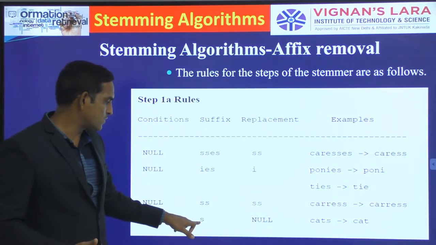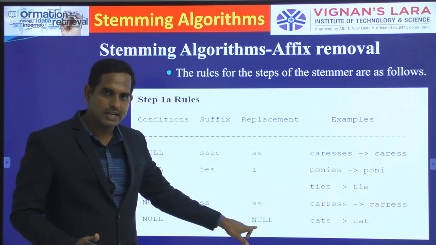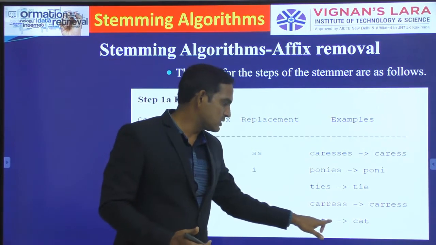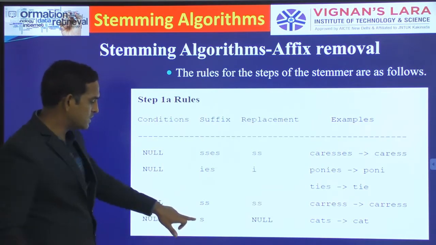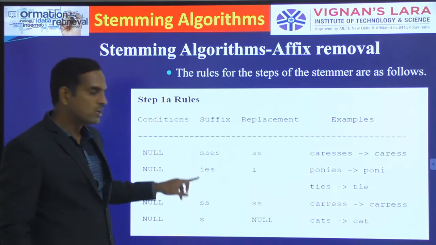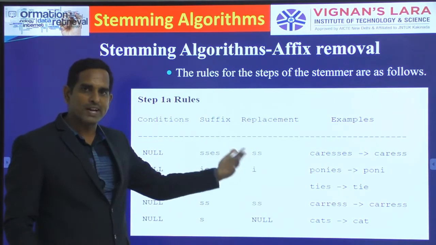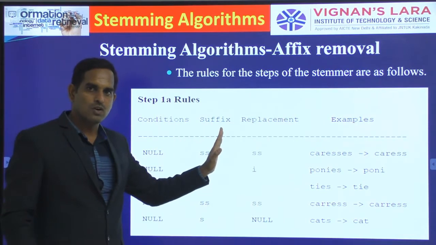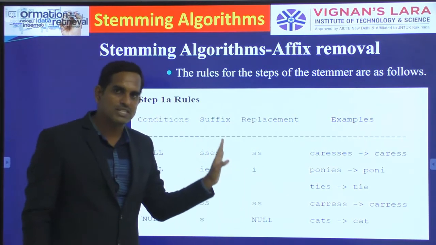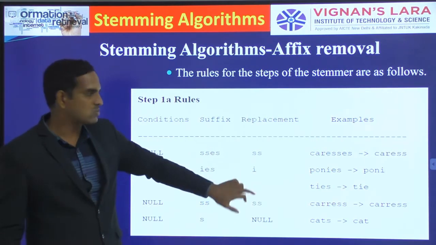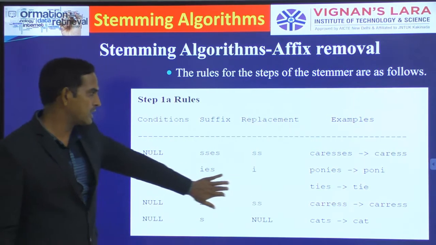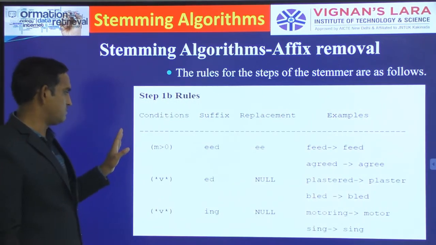And if it ends with S, it will be replaced by nothing. If one rule is applied, the others will not be applied, so only one rule will be applied on the word at each step. These are the rules for step 1A, where you replace your suffixes with a reasonable suffix.